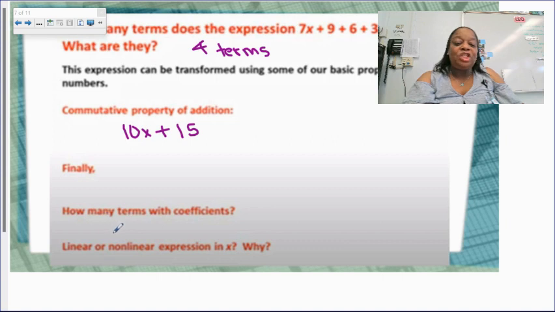So for my coefficient, I have one term with a coefficient, which is 10. And then this is actually linear. Because when I look at my x here, there's no exponent, it's just x to the first power, okay?